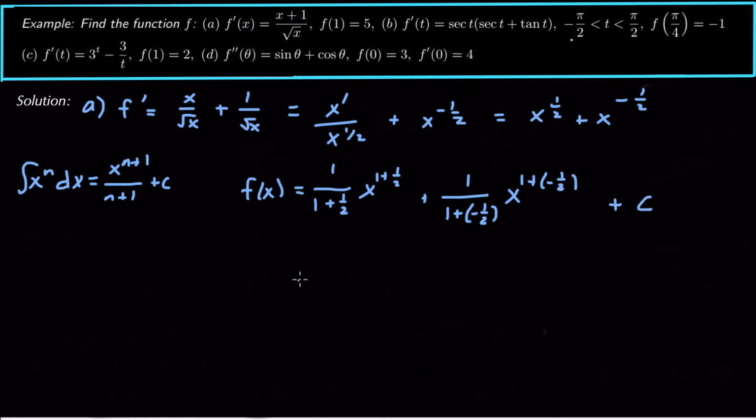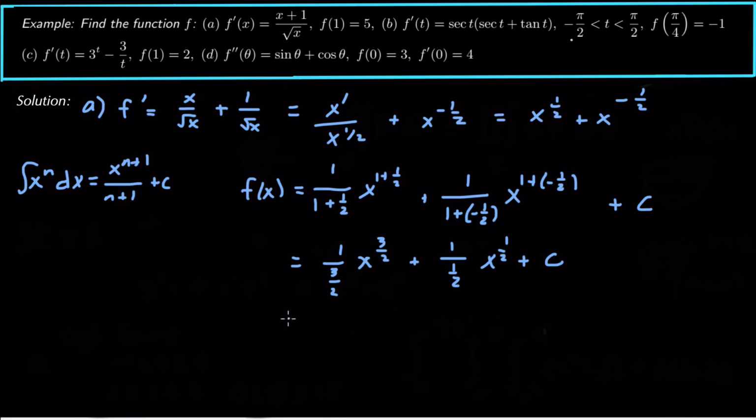Now do some simplifications. This is going to be 1 over 3/2 x to the 3/2 plus 1 over 1/2 x to the 1/2 plus c.